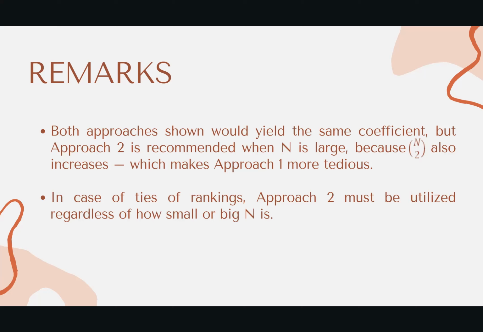If we use approach 1 in this case, we would be utilizing 45 na pairs, and sobrang tedious na nun. So, kaya meron din tayong pinopropose na approach 2. Pero for small sizes, mamaya makikita natin na baka mas magandang gamitin yung approach 1. However, kapag merong ties on rankings, approach 2 must be utilized regardless of how small or big n is.